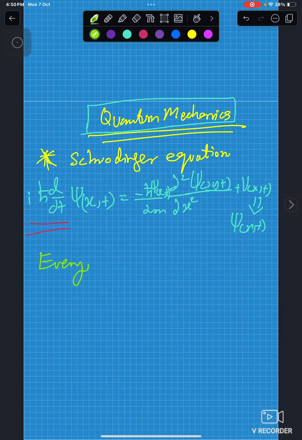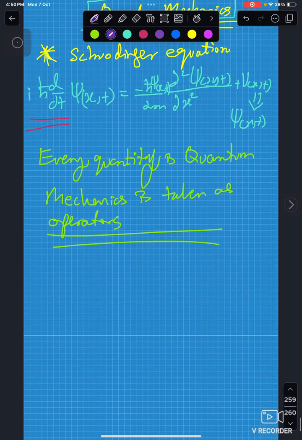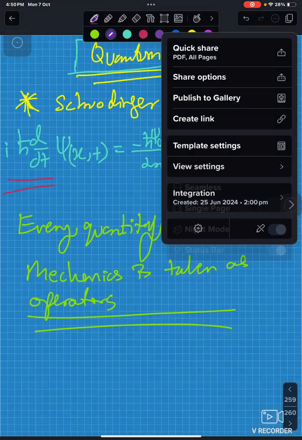Every quantity in quantum mechanics is taken as operators. Okay, everything is operators.